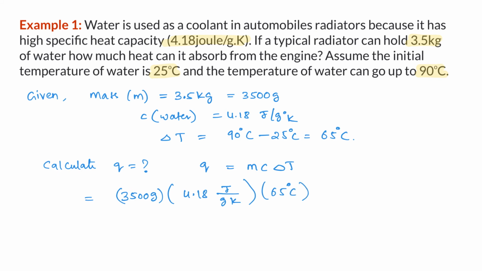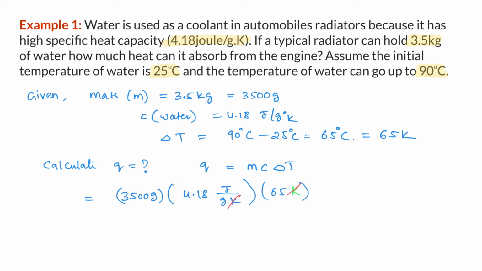The specific heat has Kelvins as the units of temperature, and the temperature change is expressed in degrees Celsius. Since we are measuring a difference in temperature, the difference will always be the same no matter what the units are. Therefore, 65 degrees Celsius can also be written as 65 Kelvin.